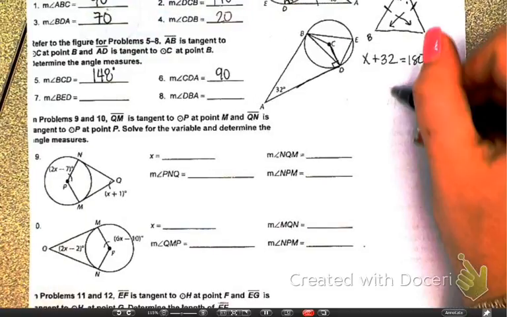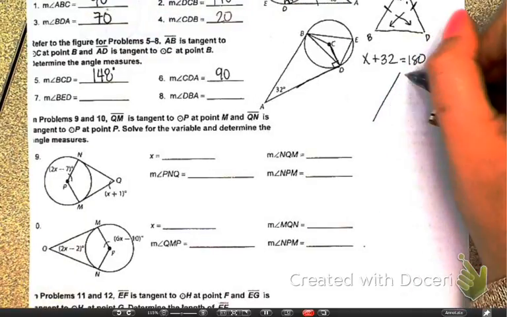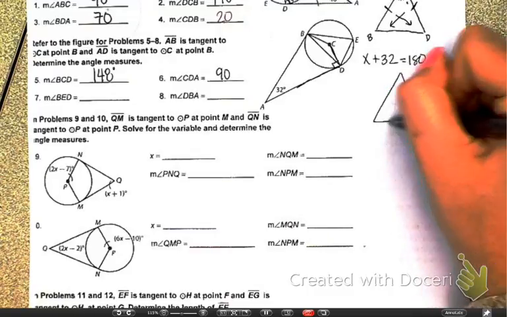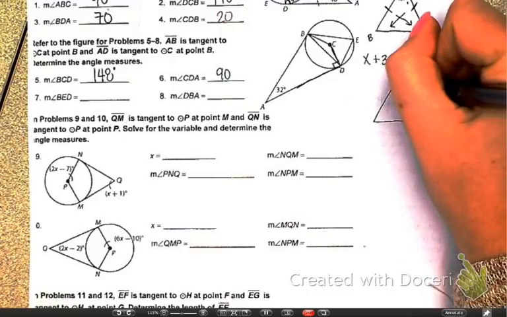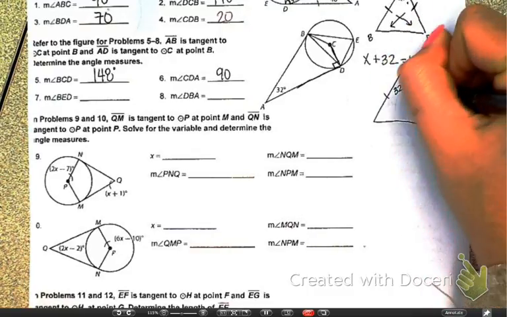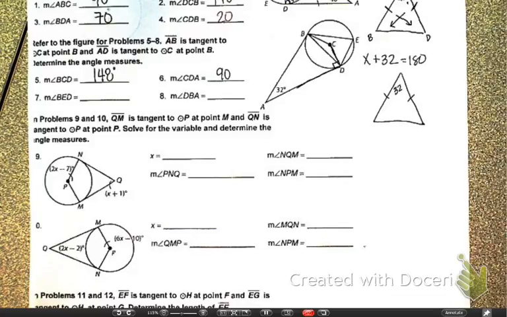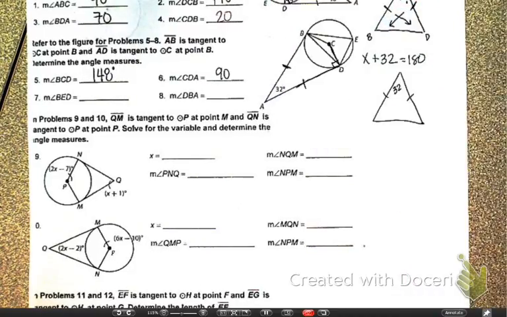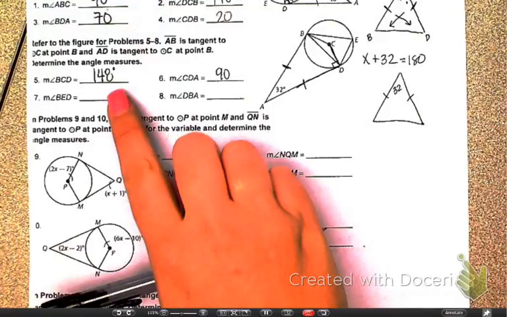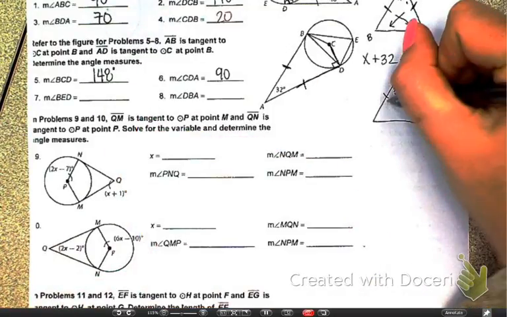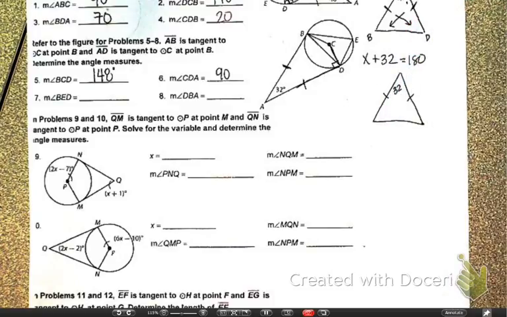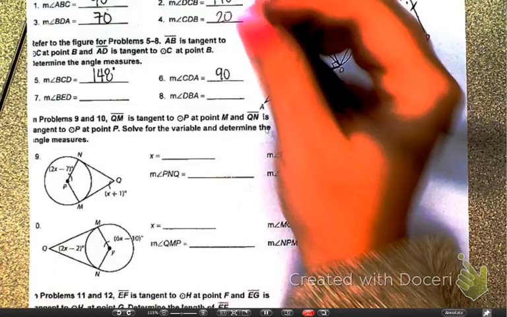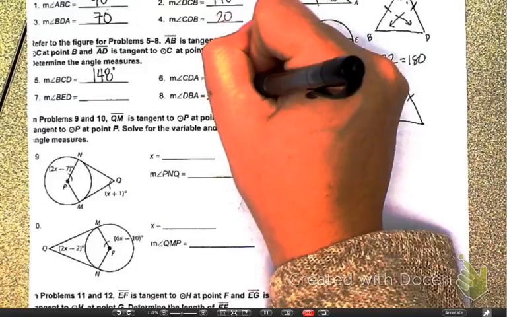Divided by 2. So you have an isosceles triangle, right? Because these pieces are congruent. You know that 180 minus 32 is 148. Because these sides are congruent, the base angles have to be congruent, and 148 divided by 2 is 74.